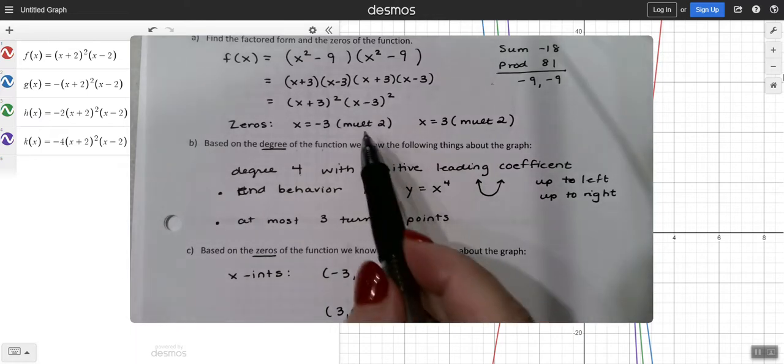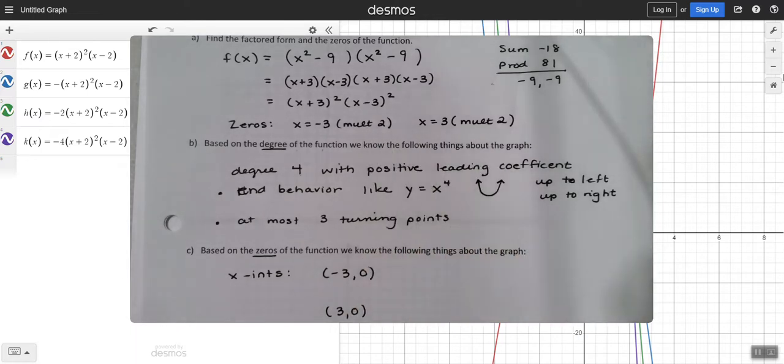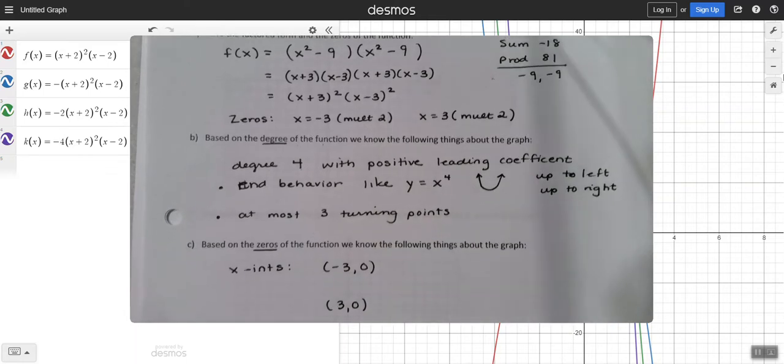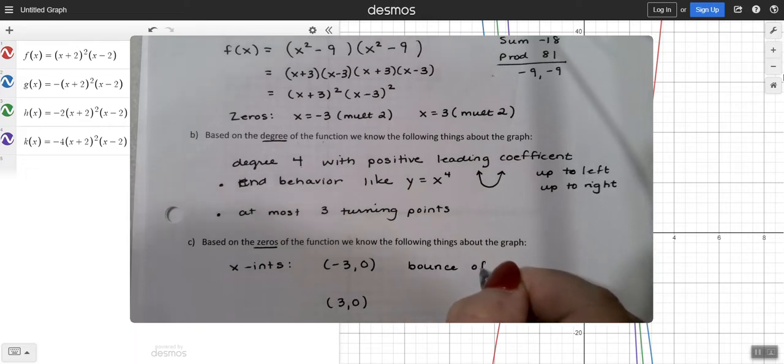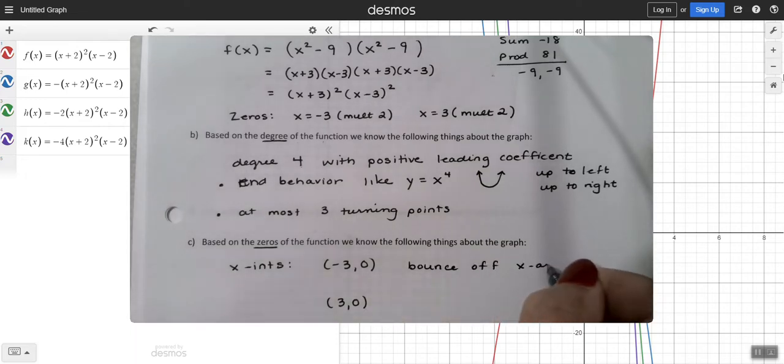And the fact that they're both multiplicity 2 means they both are at turning points, right? They both kind of bounce off the x-axis because the multiplicity was 2.